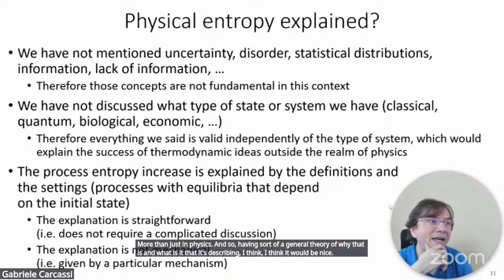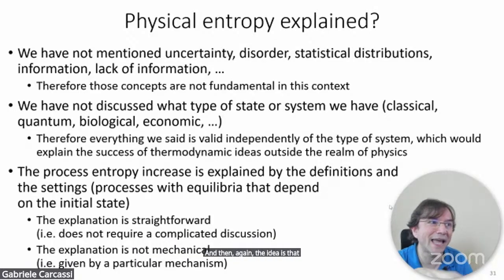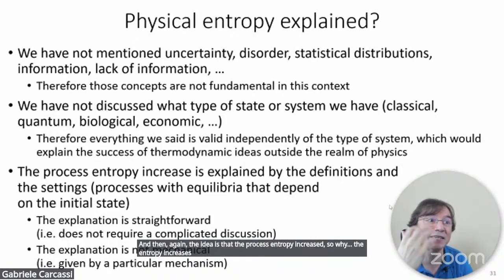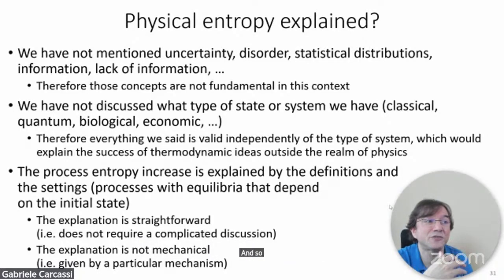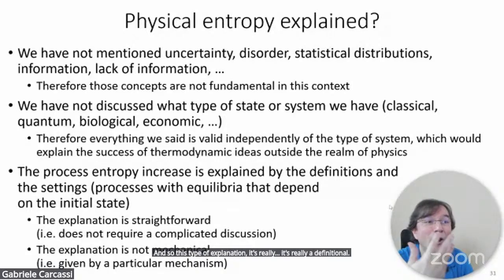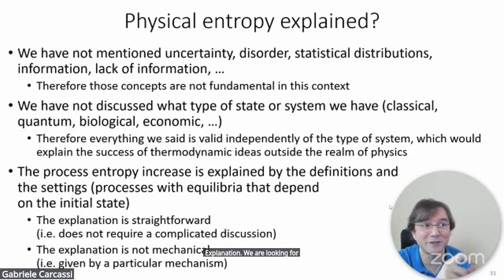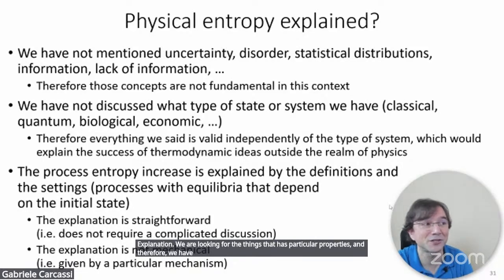And then, again, the idea is that the process entropy increase, why the entropy increases in time, is explained by definitions and the setting, the fact that we have a process with an equilibrium that depends on the initial state. And so this type of explanation is really a definitional explanation. We are looking for things that have particular properties, and therefore we have these consequences.